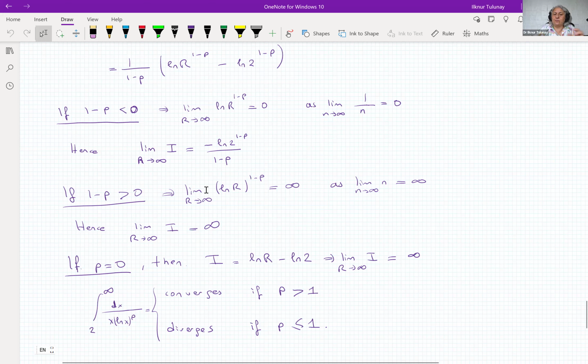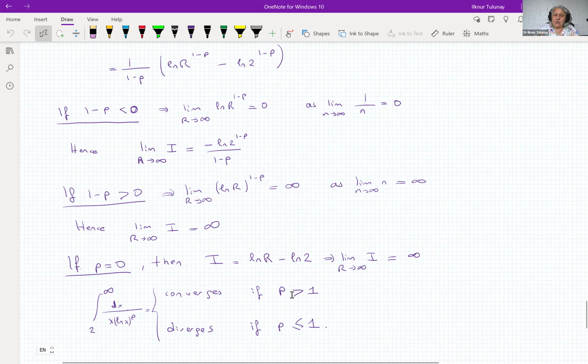So there is no limit for this case. For p equal to 0, then you have ln r minus ln 2. When r goes to infinity, ln r goes to infinity, so the integral will be infinite.